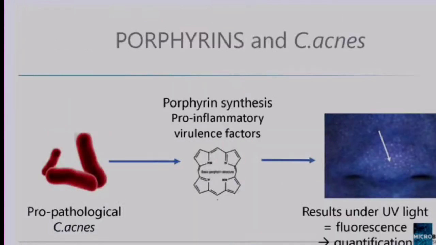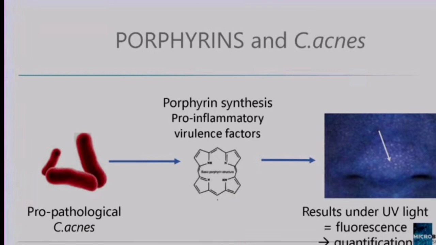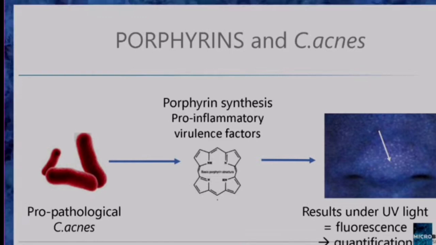Porphyrins are virulence factors because they stimulate cytokines, and they induce the production of acne lesions by multiple types. And how can you know that there are acne bacteria producing porphyrins? By using Wood's light.